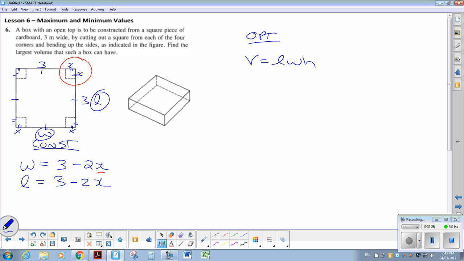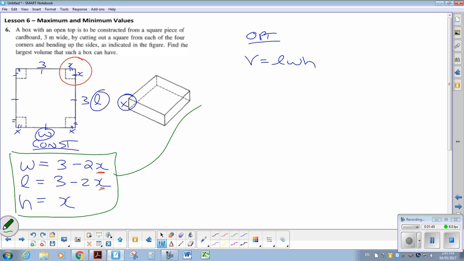So that's our constraint equation in that direction. And finally, our height depends how much I'm going to cut out to create the height of the box. So height equals x. So this is a unique one because we actually end up with 3 constraint equations to head into the volume. So volume equals length, width, and height. So 3 minus 2x, 3 minus 2x, and x.